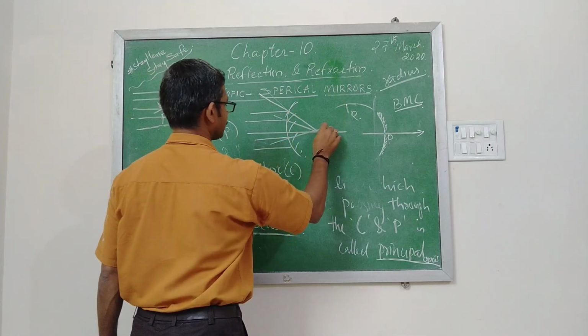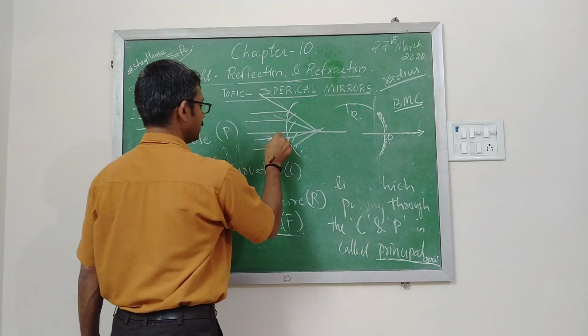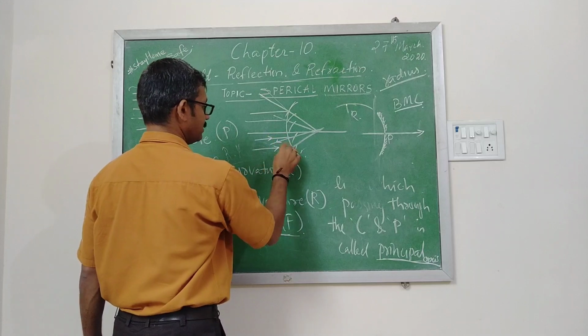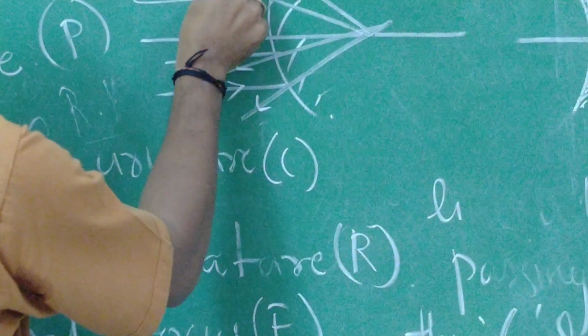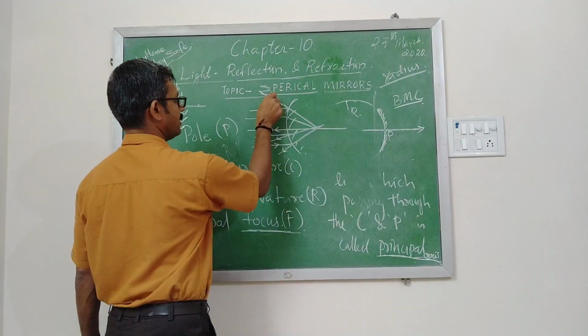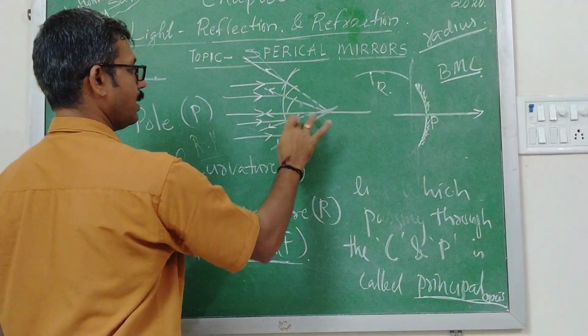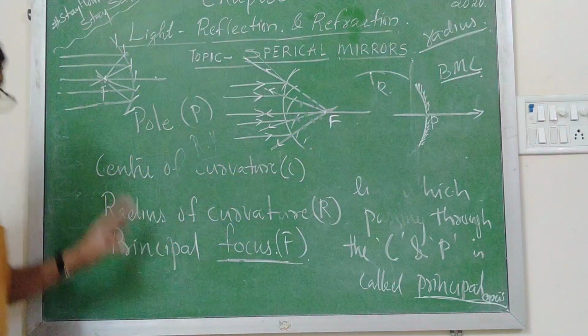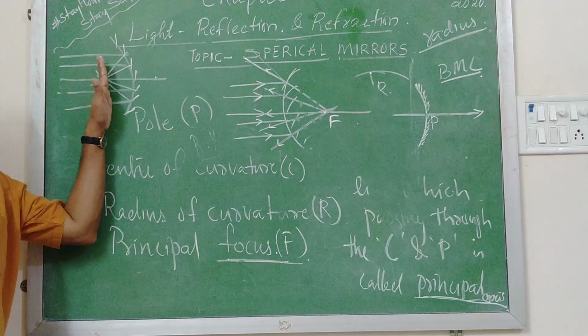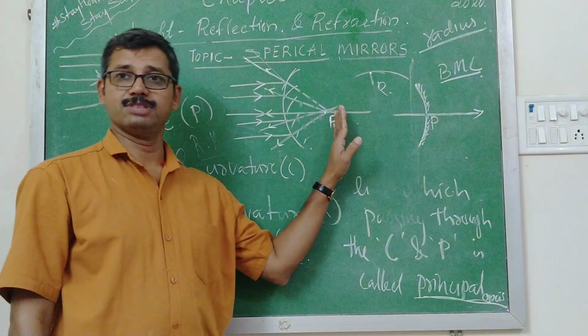Look, it is like this, outside, inside, outside, and this is where it appears to converge. So here is the difference. In this case, here it is the real and here it is the virtual.